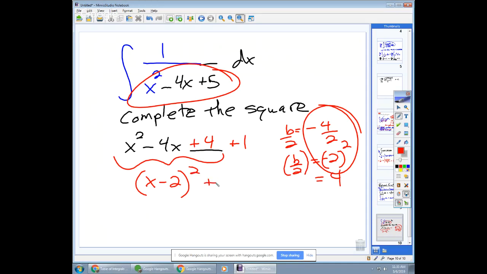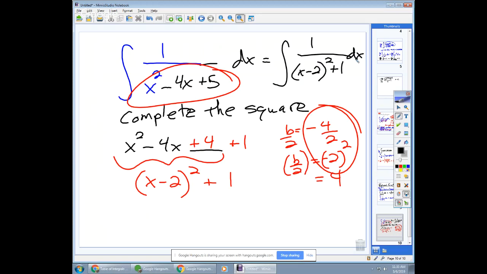So I get that I can rewrite that. So this now becomes the integral of 1 over x minus 2 squared plus 1. And that right there isn't really much different than x squared plus 1. X minus 2 is just a shift to the right.